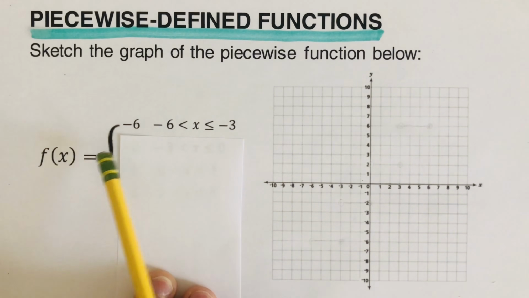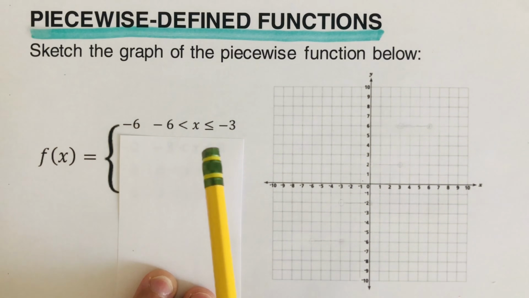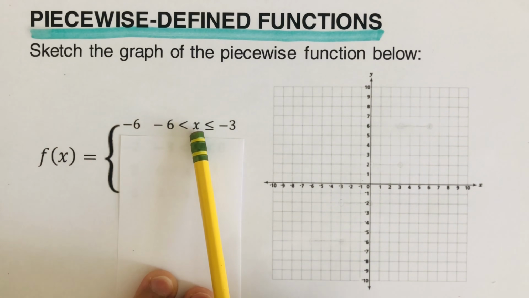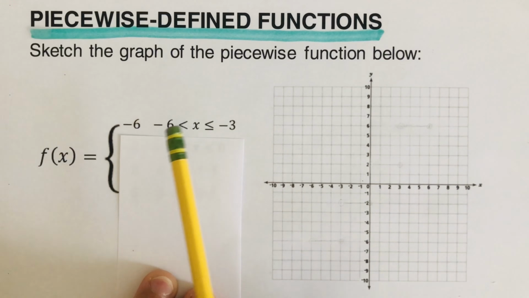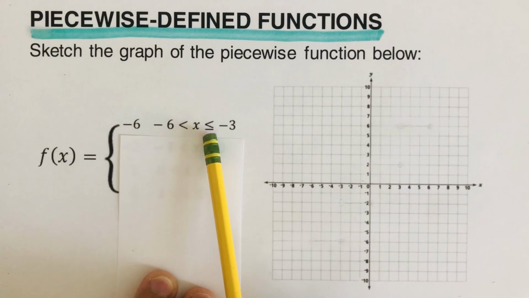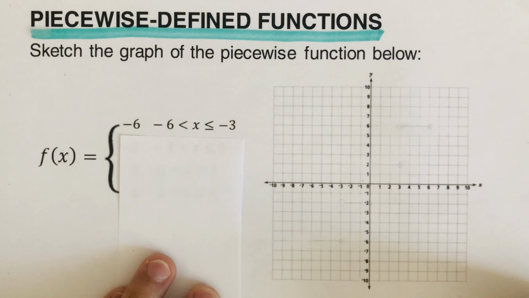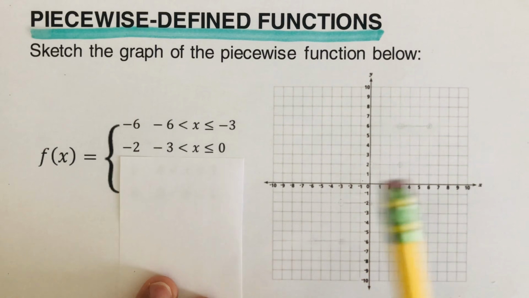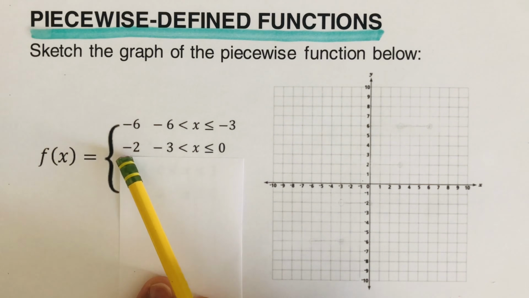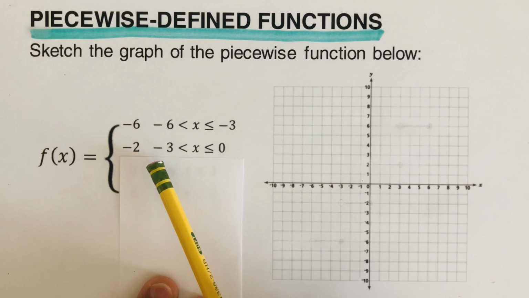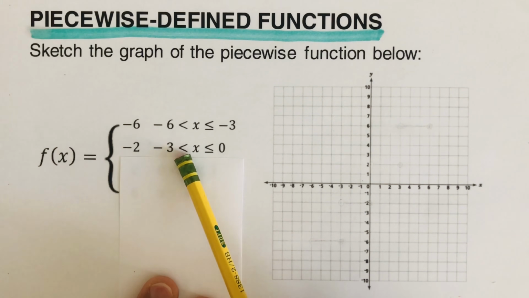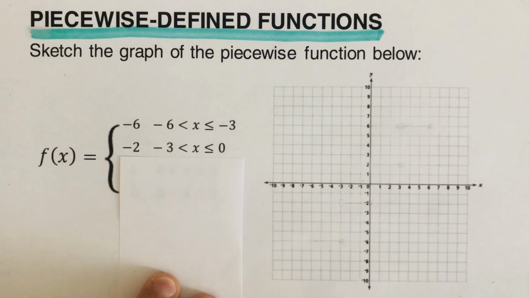So f is equal to -6 where we only consider x greater than -6 and x less than -3. In this second function, f of x is equal to -2, and we only consider x greater than -3 and x less than or equal to 0.